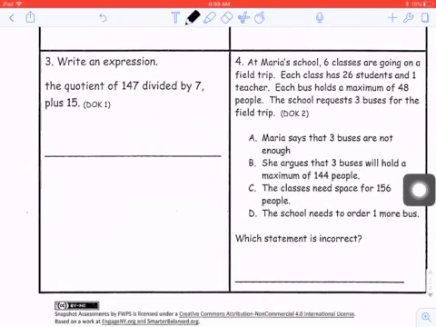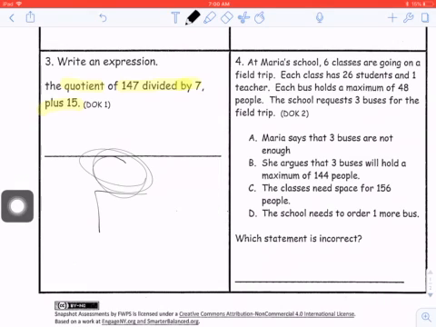Moving on. Write an expression. The quotient of 147 divided by 7 plus 15. Okay, so quotient means kind of like the answer in a division problem. It's the other part. So there's the divisor, dividend, and quotient.